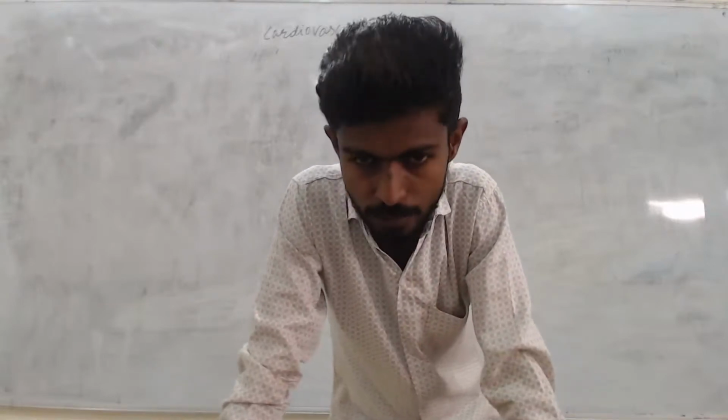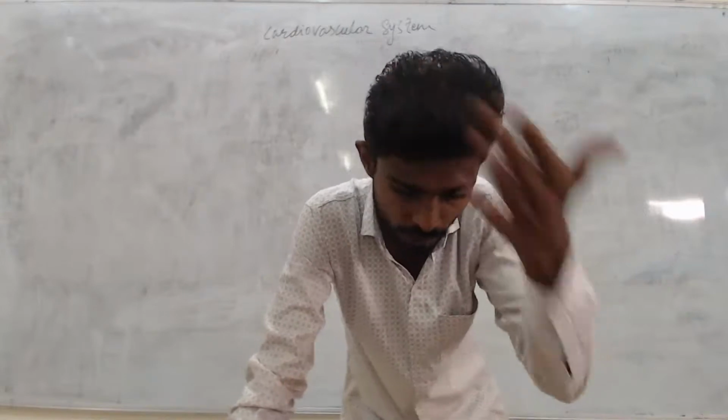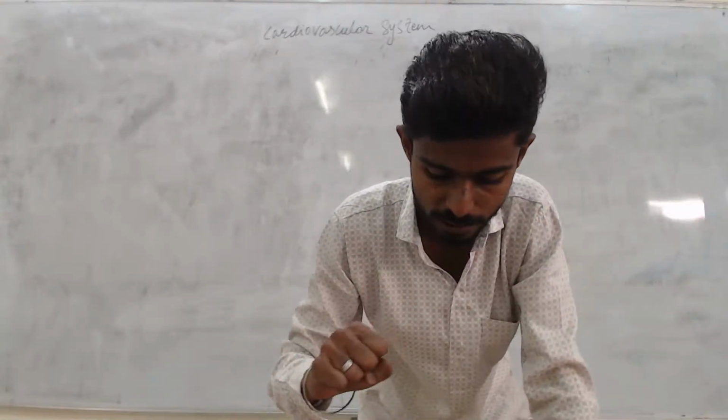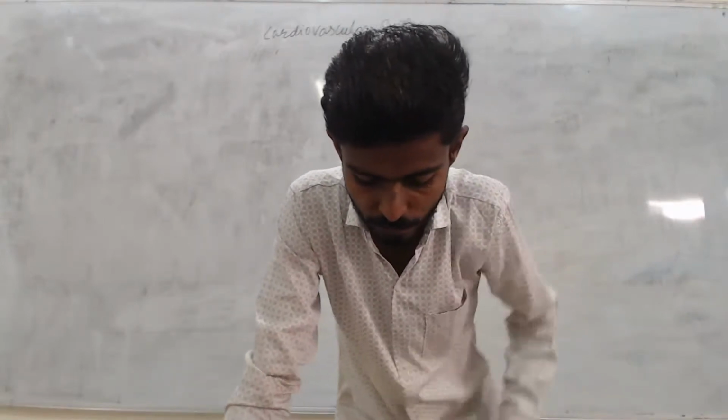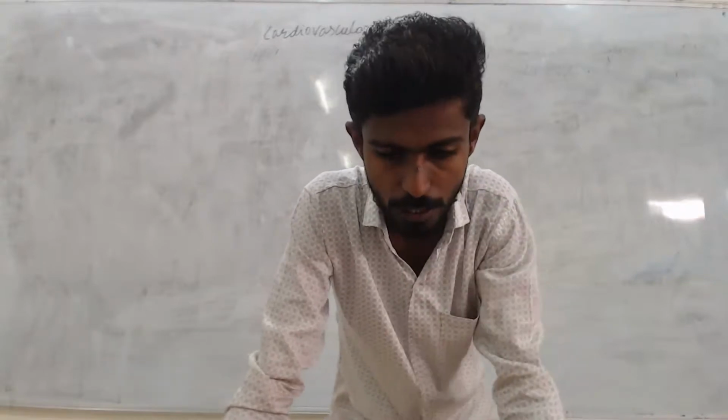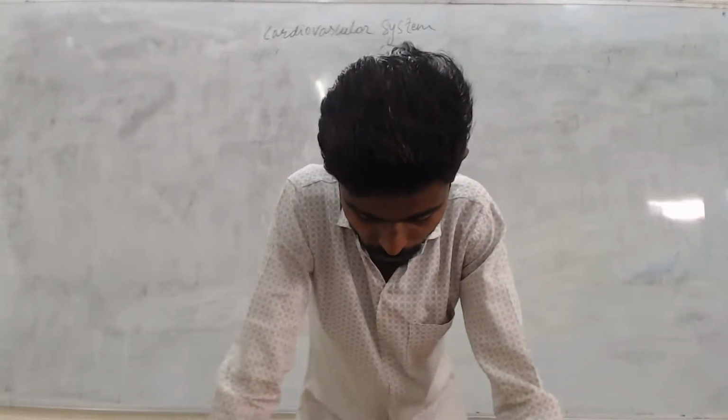The heart is about the size of a fist, and has two atria and two ventricles.